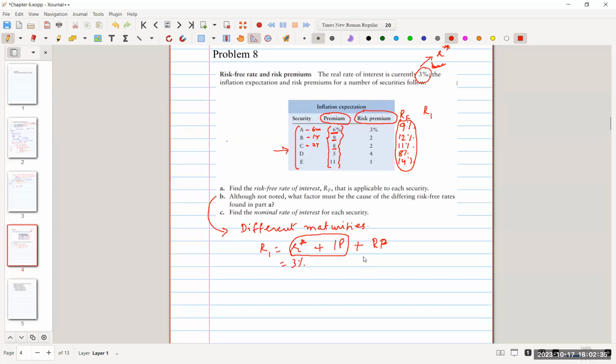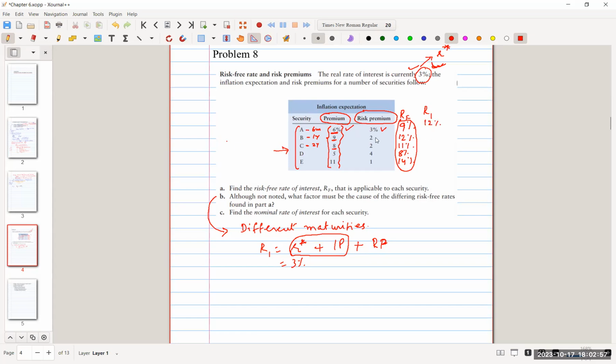So what would it be for the first security, security A? Since the risk-free rate is 9%, which is made up of this 6 and this 3 at the top, 6 plus 3, 9, plus the risk premium of 3% will give us 12% here.